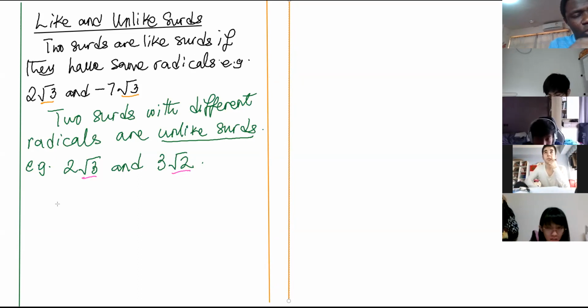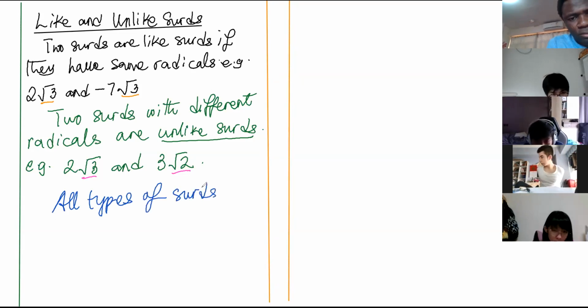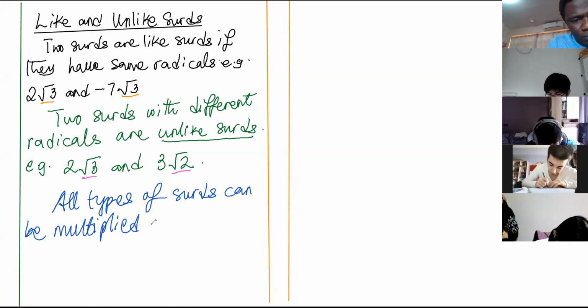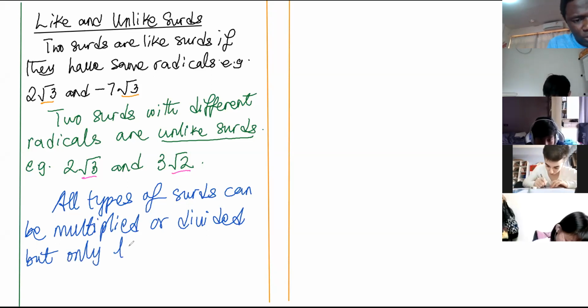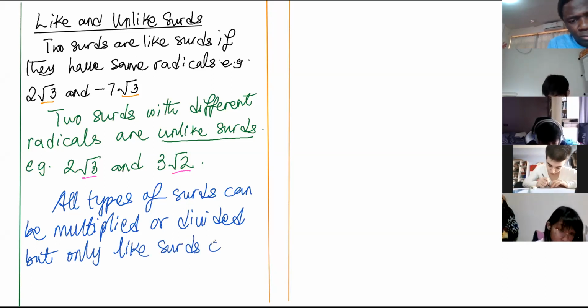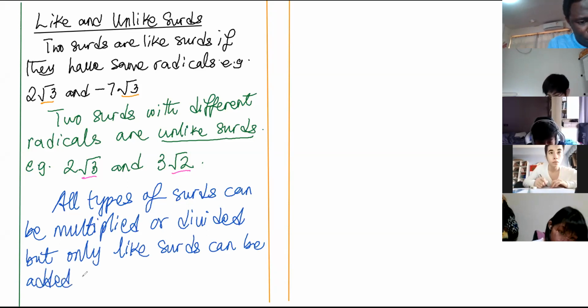All surds can be multiplied or divided, but only like surds can be added or subtracted.